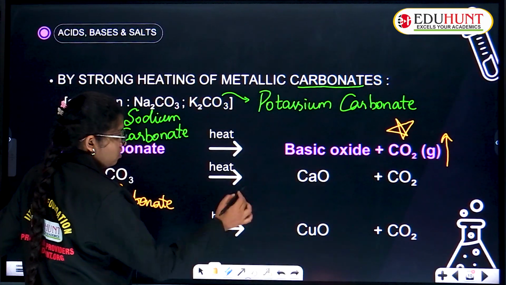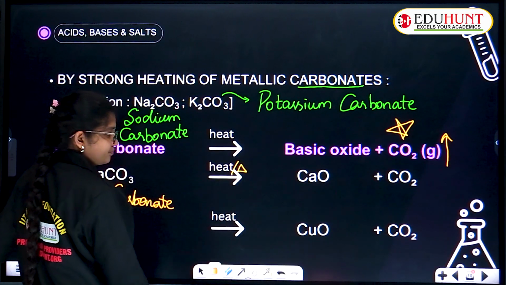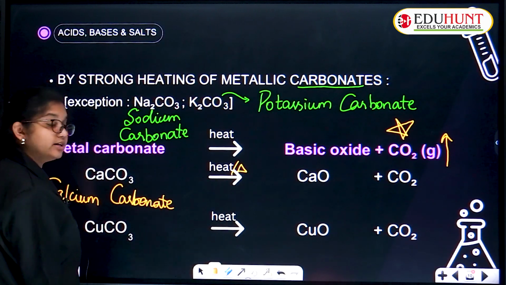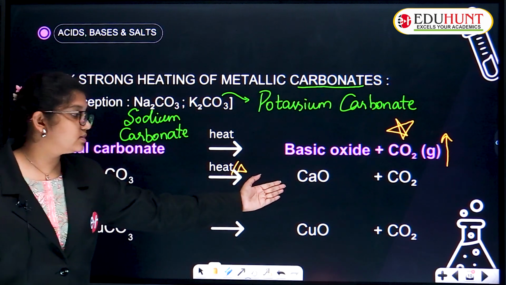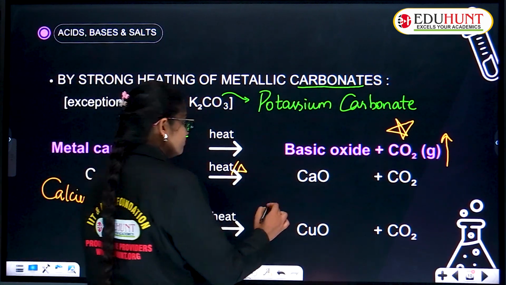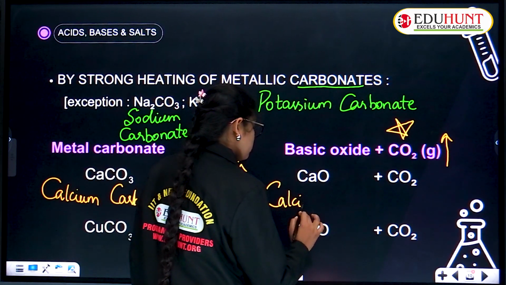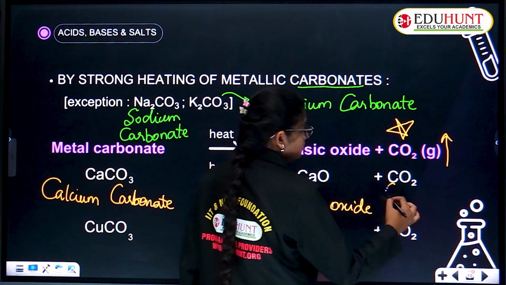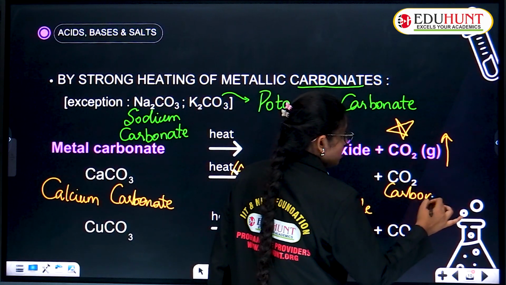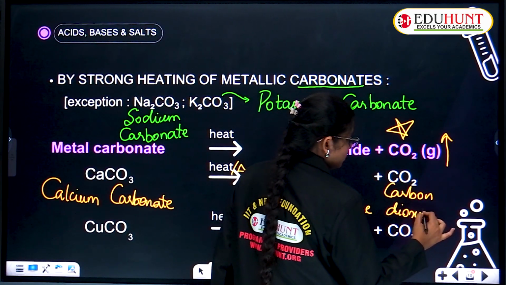Okay, this, or also we can write this, no problem. In the previous equation you saw the triangle symbol, no? That is presence of heat. And we got the basic oxide, that is calcium oxide, and also carbon dioxide gas.